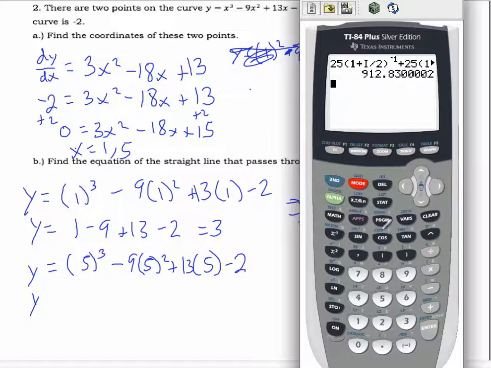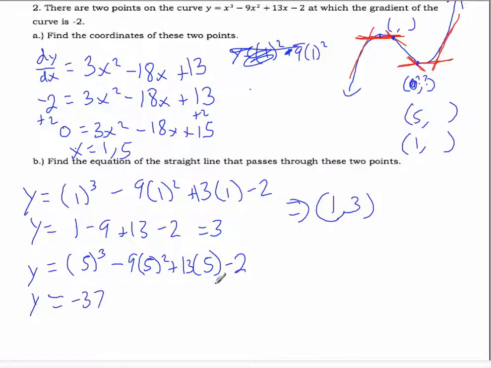I need to quit out of there and just do 5 cubed minus 9 times 5 squared plus 13 times 5 minus 2. We get negative 37. So the other point is going to be (5, negative 37). Okay, so we've got all that.